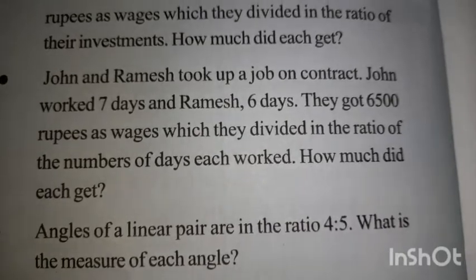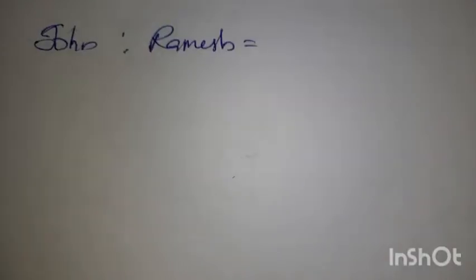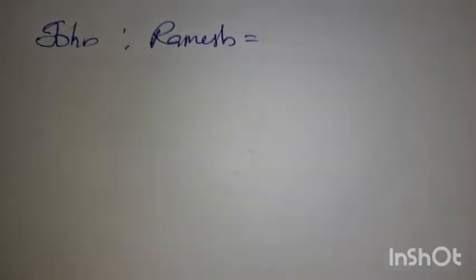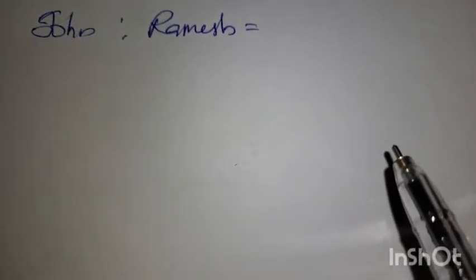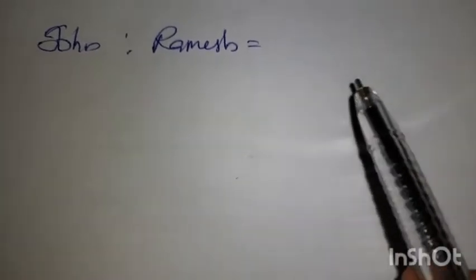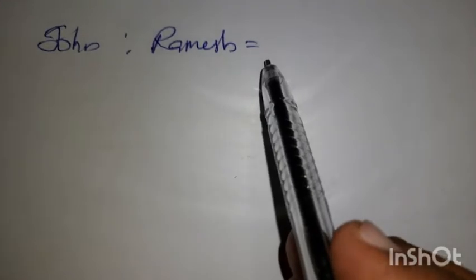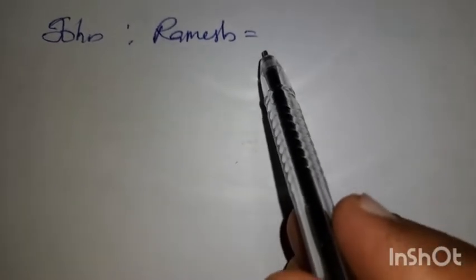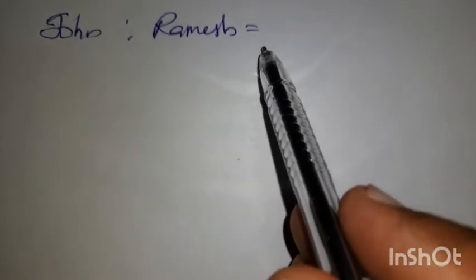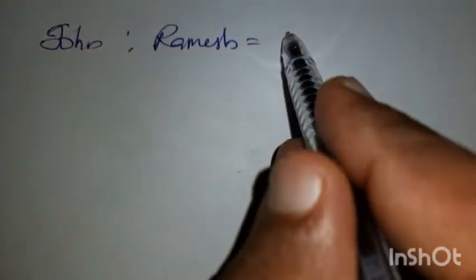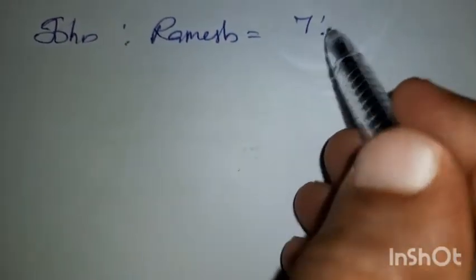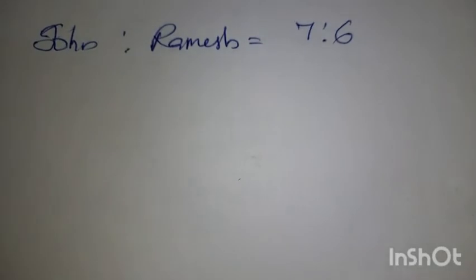Like the previous one, any method you can use it. So the ratio of John and Ramesh, the ratio of working days. John worked 7 days and Ramesh worked 6 days.